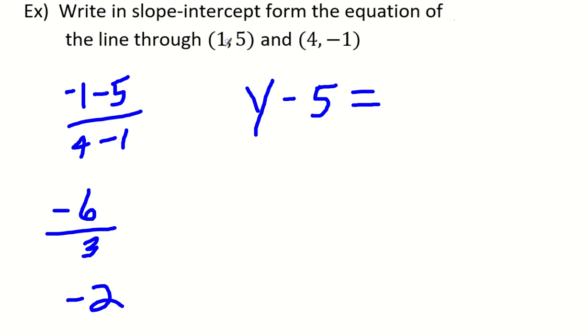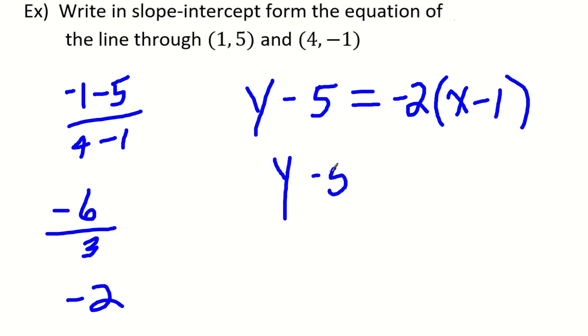So why not just keep on using this as your x1, y1? So y minus y1 equals my m, which is negative 2, I just got done finding that, times x minus x1. Okay, now again, they want slope-intercept form, so I got to keep this going. y minus 5, and I'm going to distribute the negative 2. Negative 2 times x, I just did. Negative 2 times negative 1, that's positive 2.